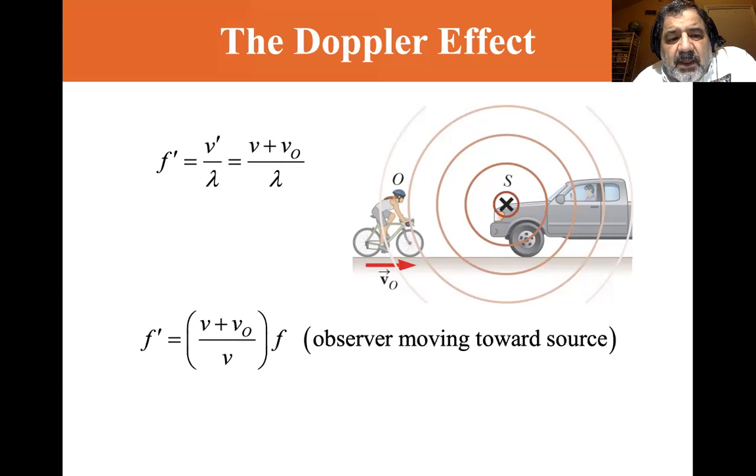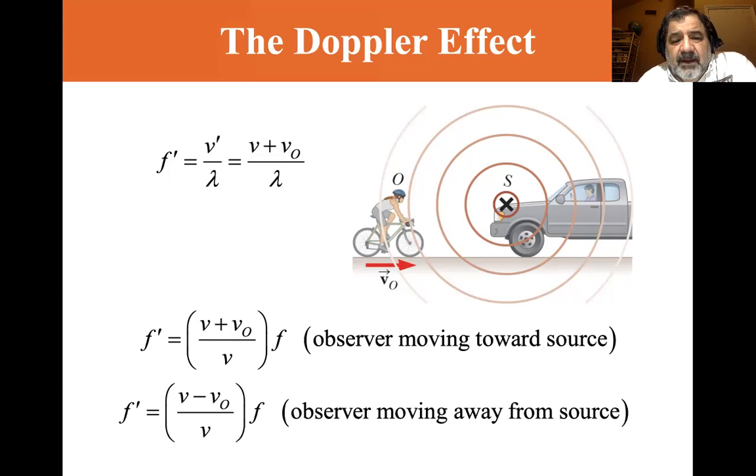Okay, so f prime is equal to the velocity of sound in air plus the velocity of the observer, divided by the velocity of sound in air, times the natural frequency f, for the observer moving toward the source. Now if the observer is moving away from the source, then it's minus v_o divided by v, times f.